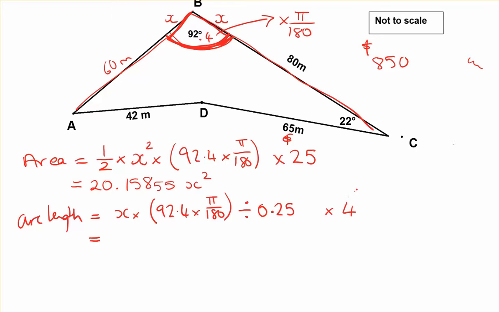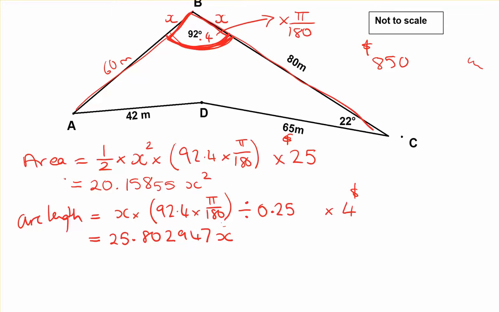Right, that's changing the centimetres to metres. If we do the same thing we did up above, 92.4 times pi divided by 180 equals, close the bracket, divided by 0.25 and then times 4. Once again we end up with a big number like 25.80, and I've still got the x.